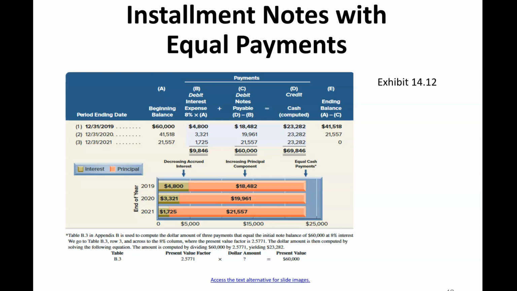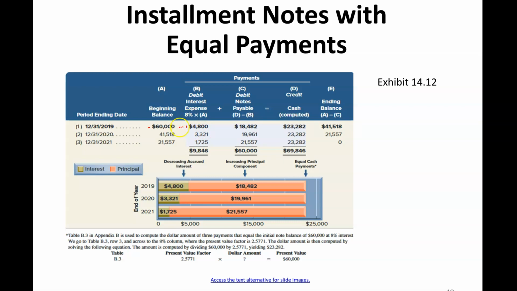Now, we're going to go through, this is similar to the amortizing of the bonds that we've done. We have here beginning balance of $60,000. And then if you take that and multiply it by 8%, you get $4,800. That's the amount of your interest. Subtract your balance.